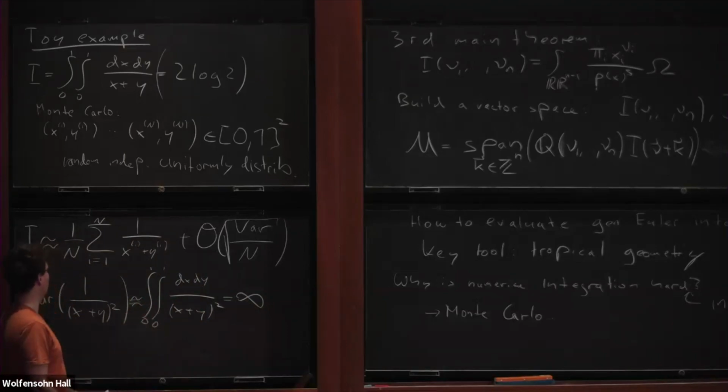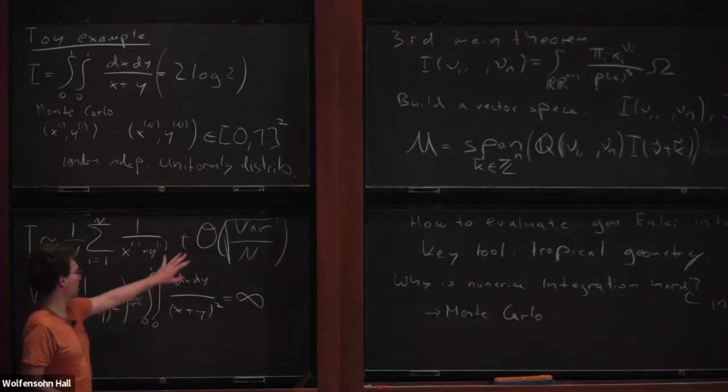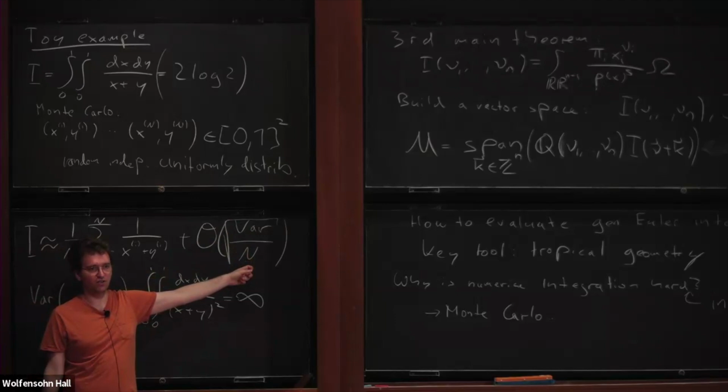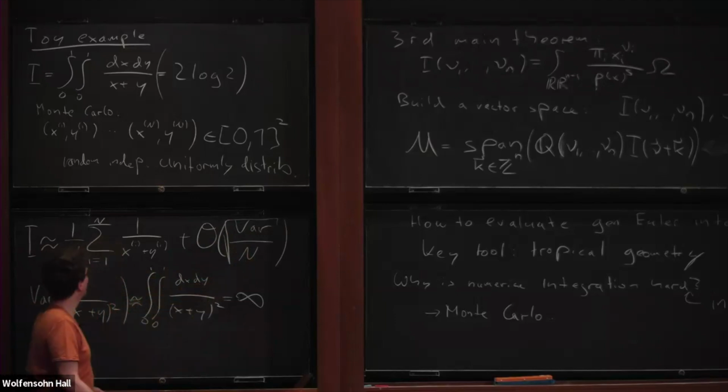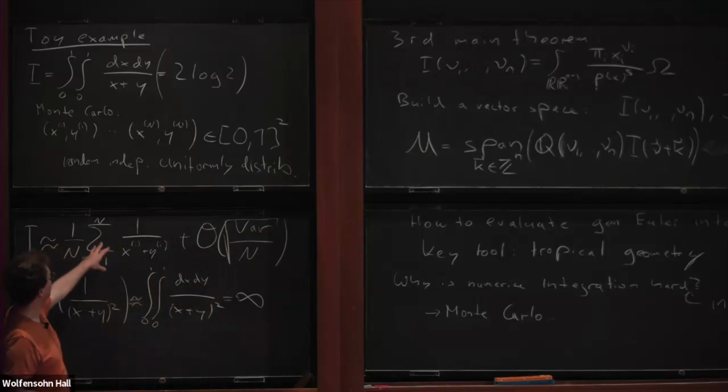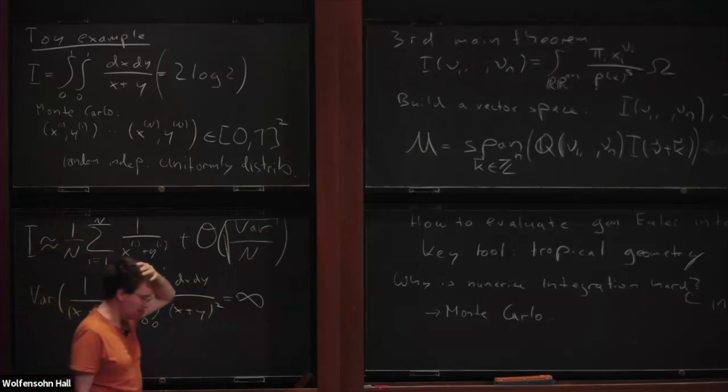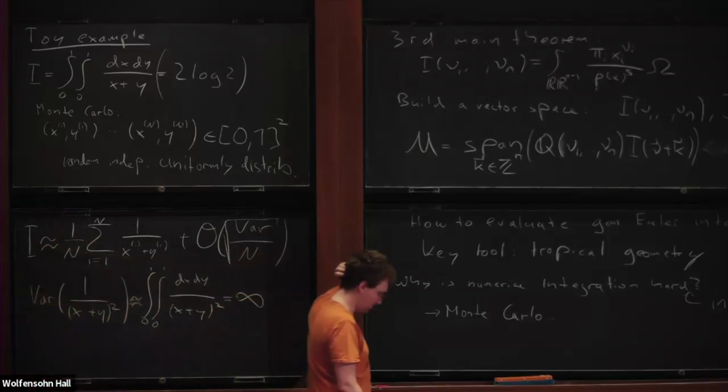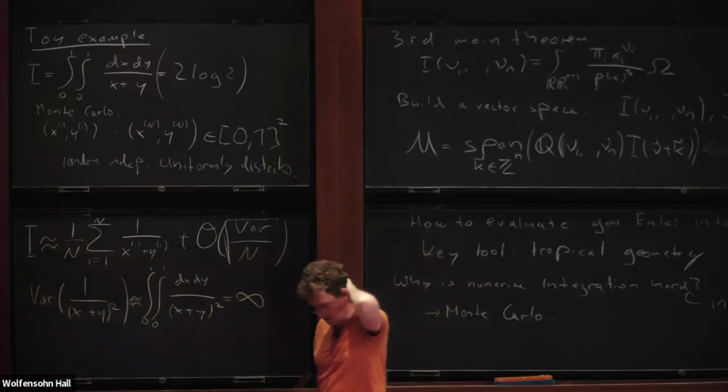So here's the divergence. And so the error term, no matter how large the n is, is going to be infinite. This is a very simple example, and there are many ways to avoid this issue, of course, in the simple example.